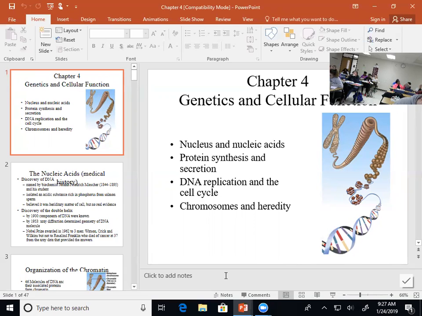So the ocular lenses, I'm going to have you label. The objective lenses, the stage, the condenser, the base of the scope, and the light.